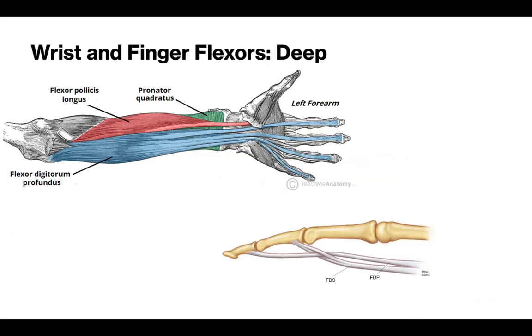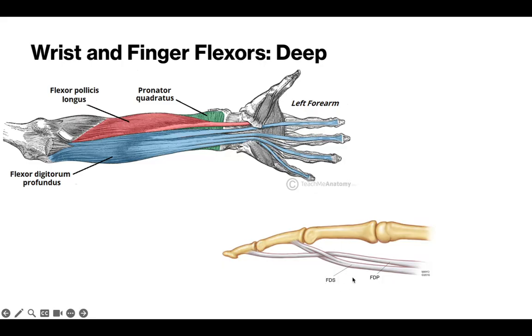Then we can go to the deep muscles of the anterior forearm. And we have, again, an abbreviation here, flexor digitorum profundus. That's what FDP was standing for. And that's the muscle that's going to squeeze through flexor digitorum superficialis. Okay?